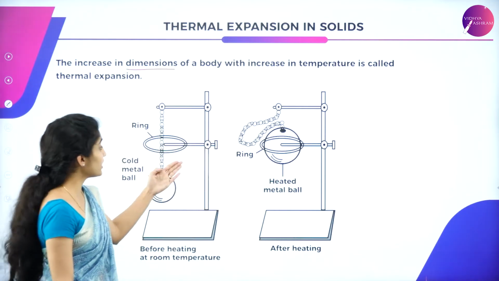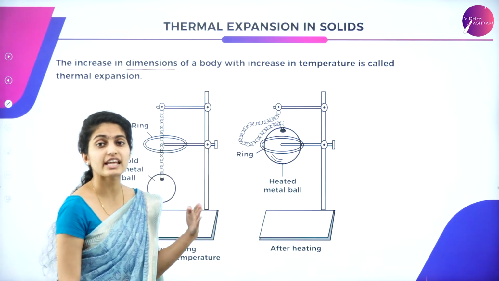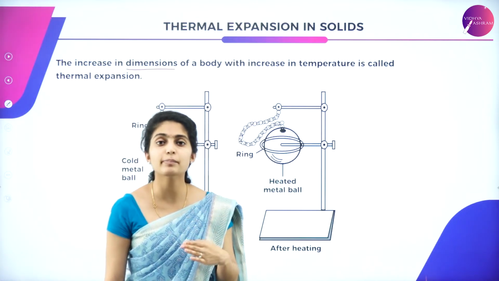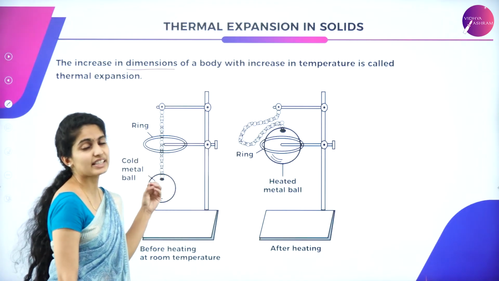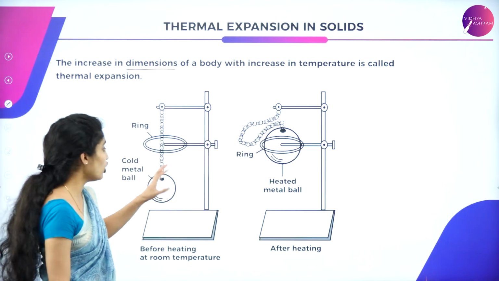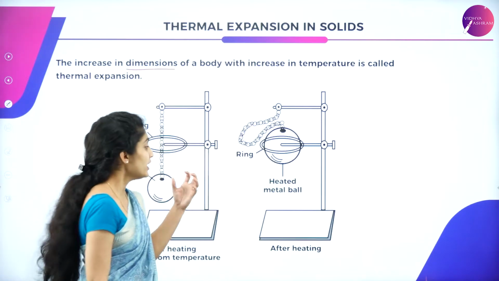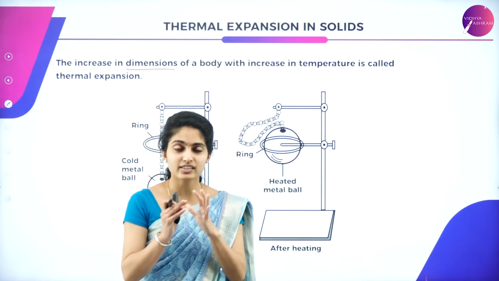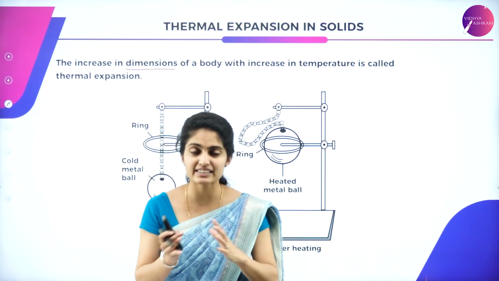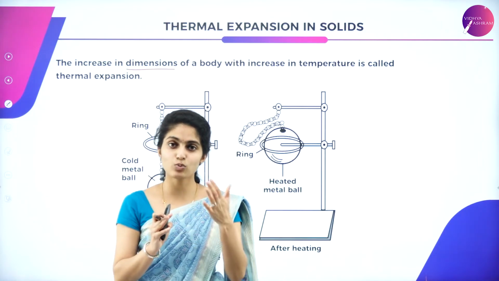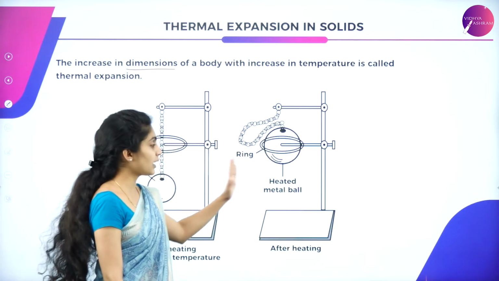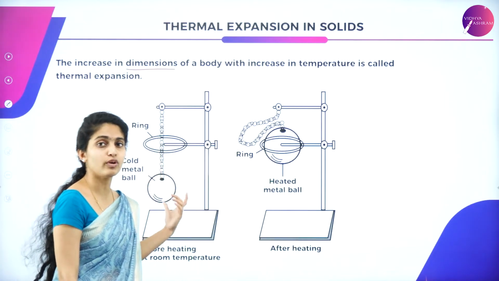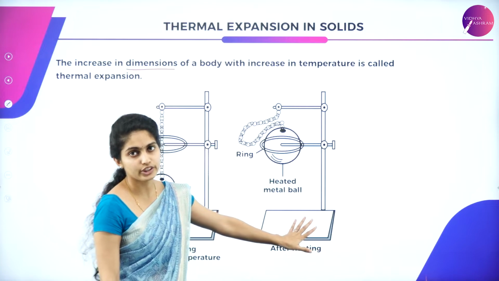This is the initial condition before heating the metal ball. Once heat is applied on this ball, what happens to it? It starts bulging up, that is, expansion takes place in its dimensions, and that was proved by this experiment. It is the same experiment, but this was before heating and this was after heating.